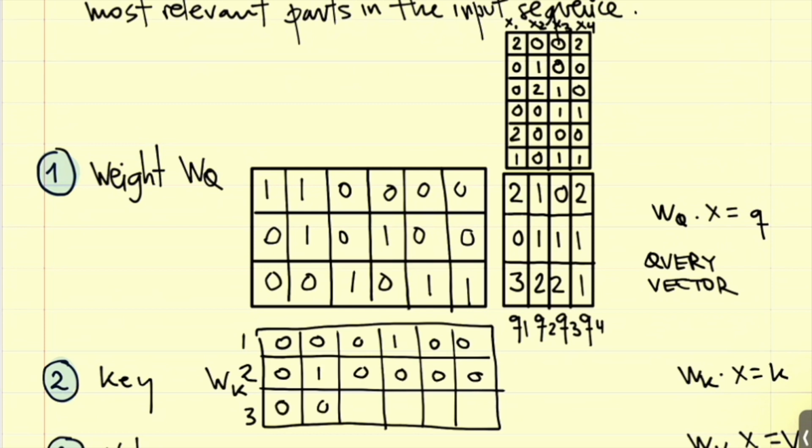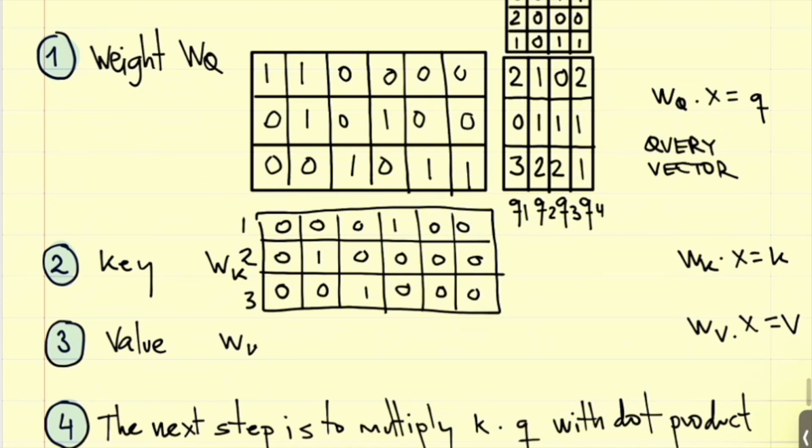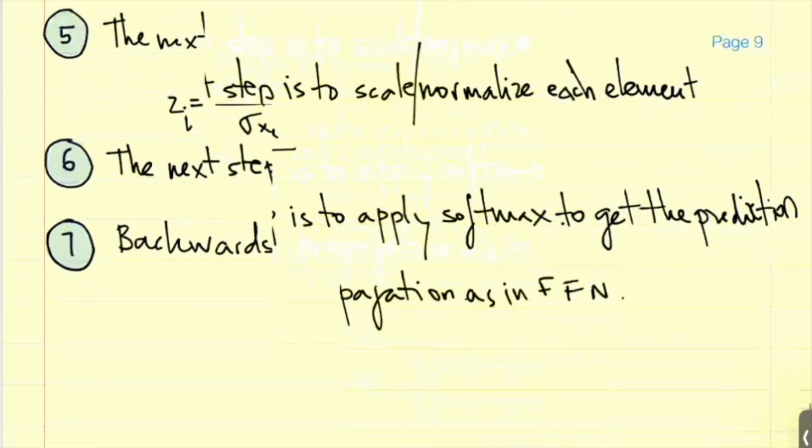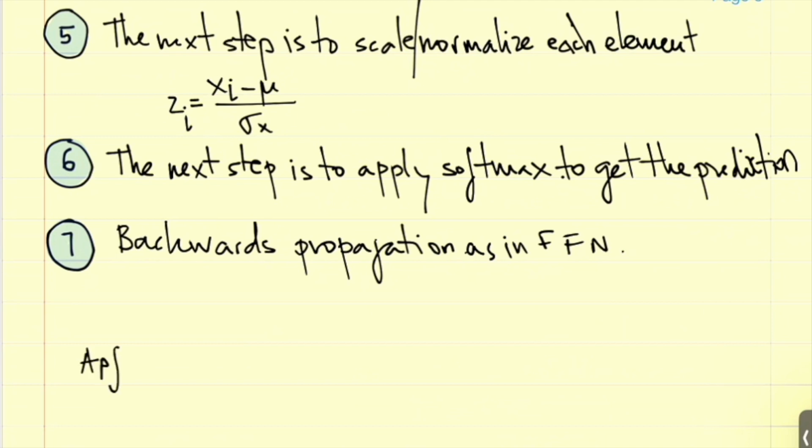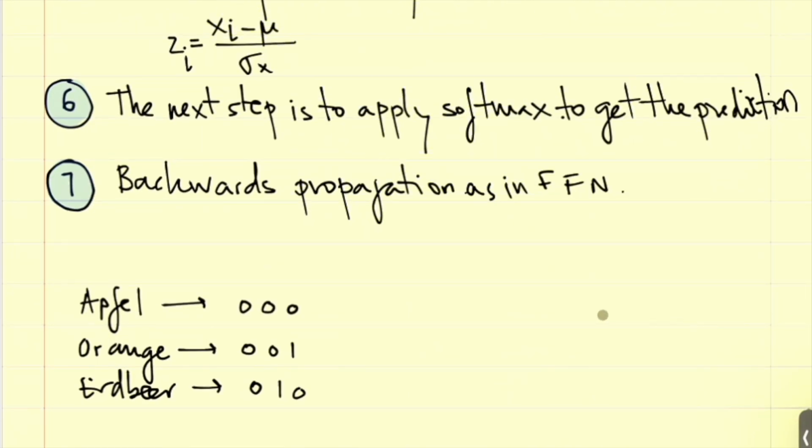Hast du von One-Hot-Encoding gehört? Nee. Da transformiert man zum Beispiel Apfel ist 000. Orange ist 001 und Erdbeer ist 010 und was weiß ich, Birne ist 100 und Mango ist 011.